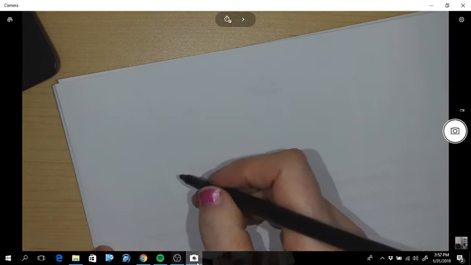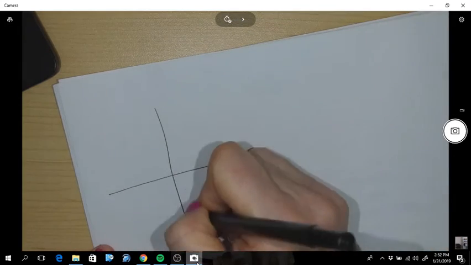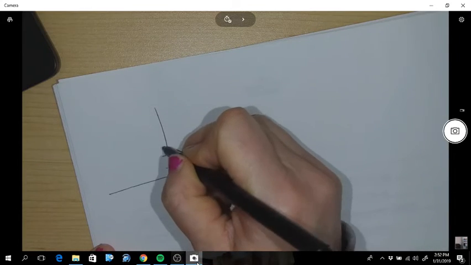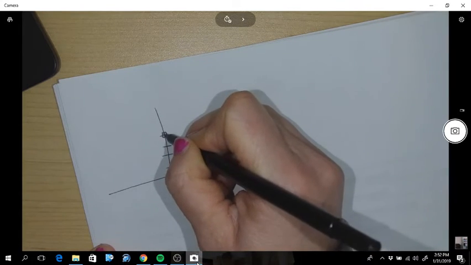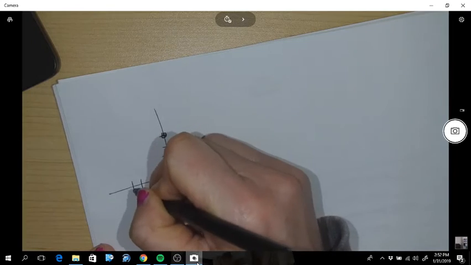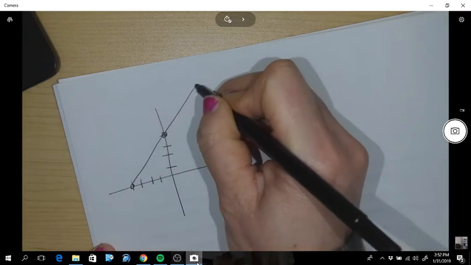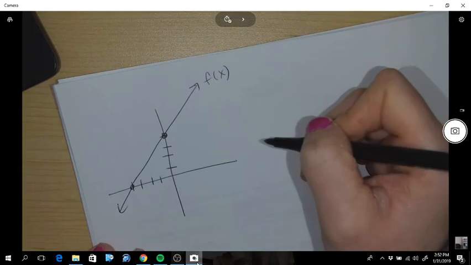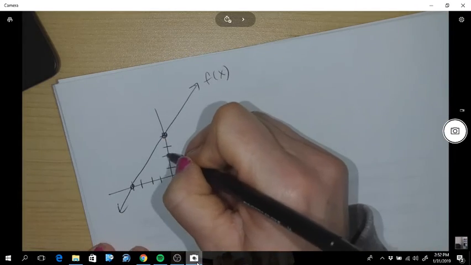Okay, one more here. I'm going to graph f of x, so there's f of x and g of x.